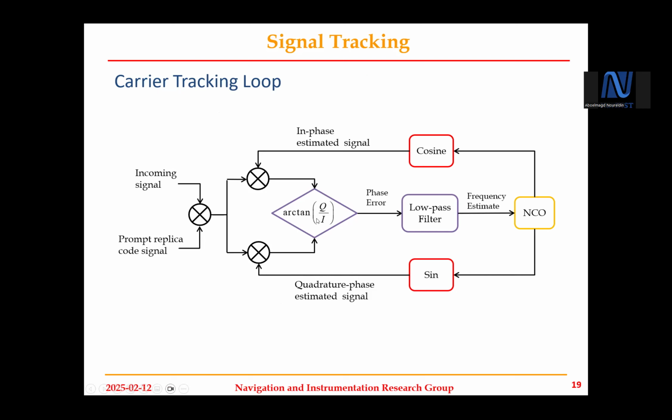That's why we need two of these. This arctan will tell me, and with my adjustment every time, I try to keep my in-phase signal aligned, so the total signal power, or the measurable part of it, should be in the I arm. And we should minimize the power on the quadrature so that the signal will be aligned.